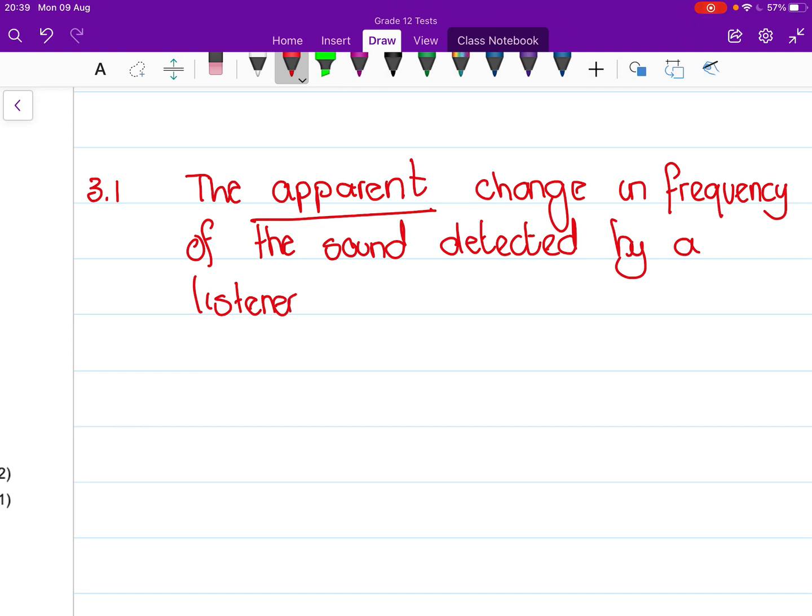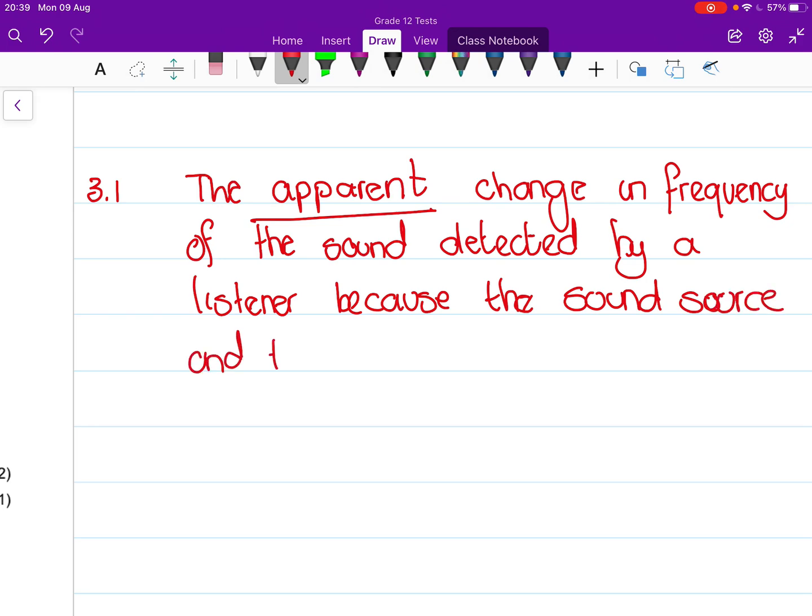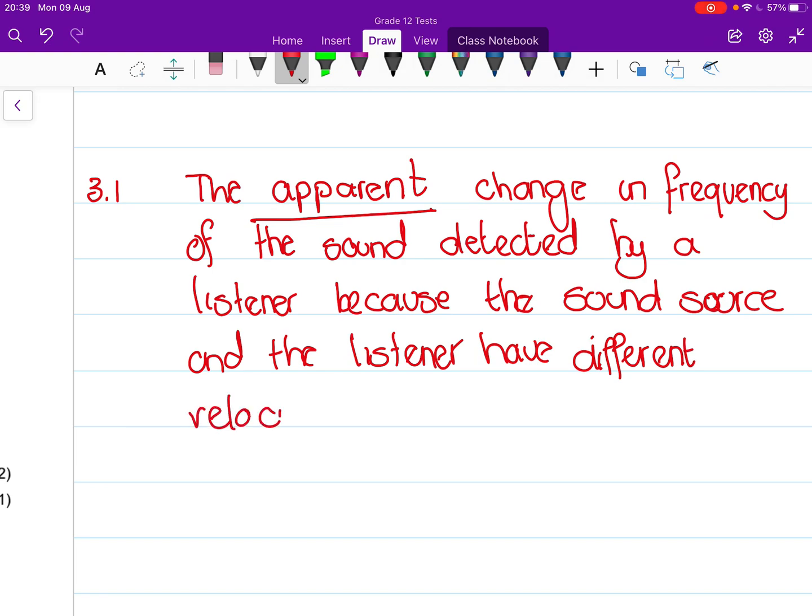Now look carefully, because the sound source and the listener have different velocities. I'm about to put two words together there. Have different velocities. There we go.